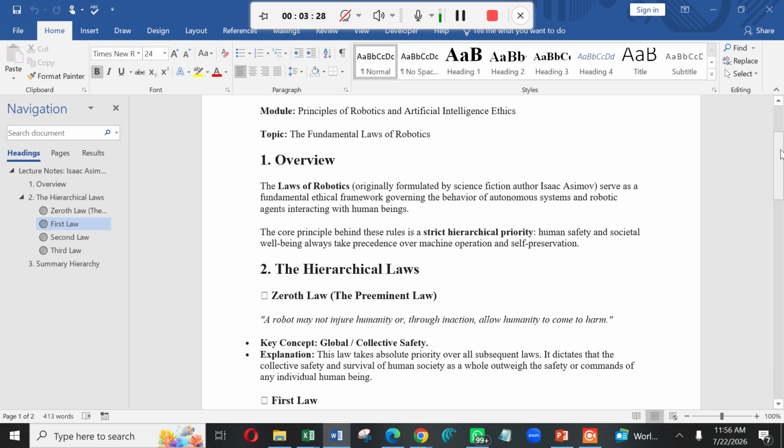According to this, a robot may not injure humanity. Humanity means the whole society. They are talking about the society. Through inaction, it means what? Some problem is coming to the humanity, but the robot is simply looking at it, not taking any action.